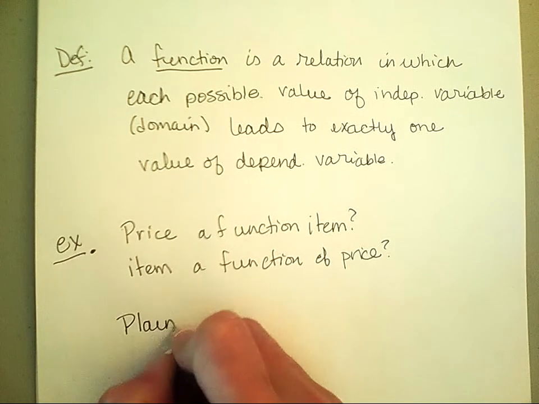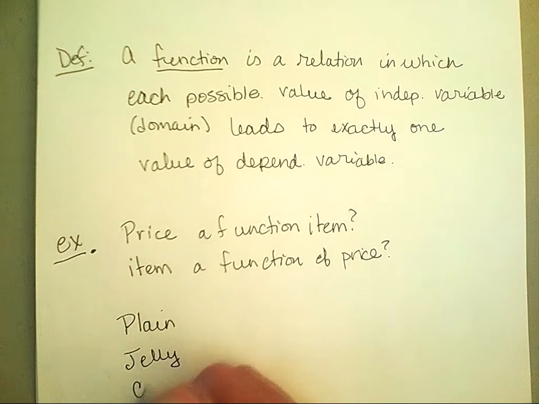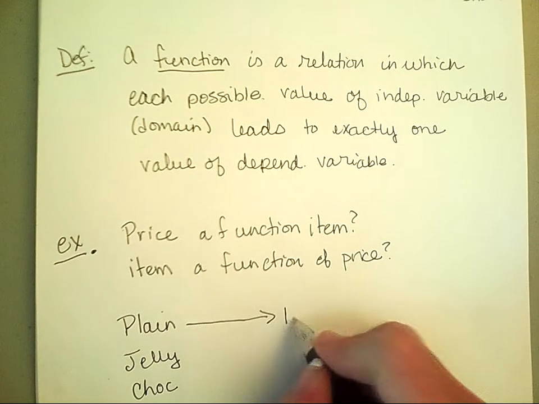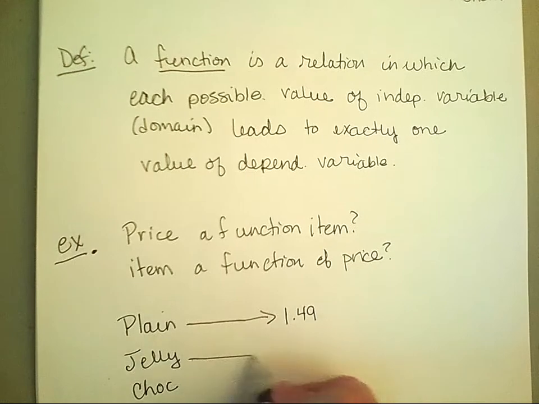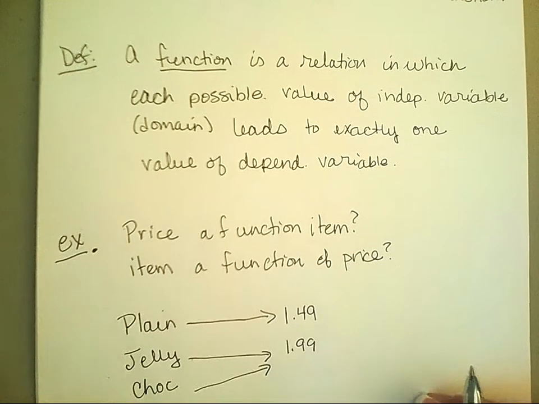Okay, so if we look at this, we have the plain, we have the jelly, and we have the chocolate. So the plain maps to $1.49, and the jelly maps to $1.99, and the chocolate maps to $1.99.